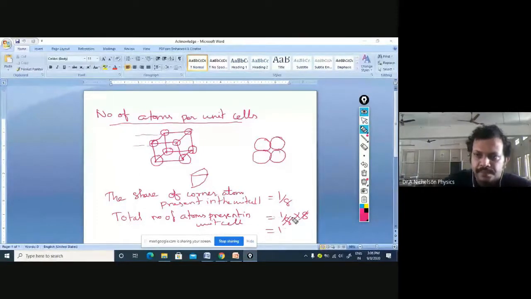Okay. So don't think that 8 corner atoms are present, so the total number of atoms is 8. It is not so, because it has a share of only 1 by 8 of that particular atom. So totally 8 corner atoms are present. So like this, 8 pieces are there. So together they will contribute only 1 atom. Right.